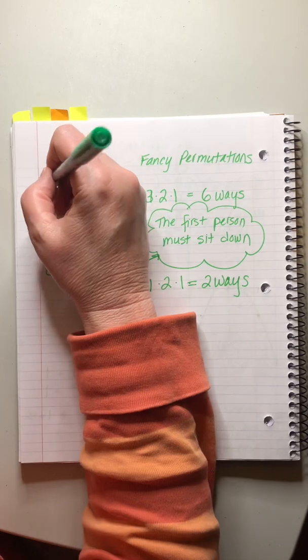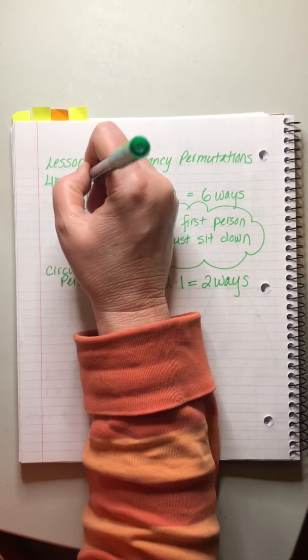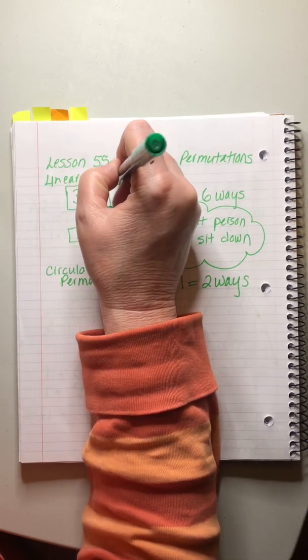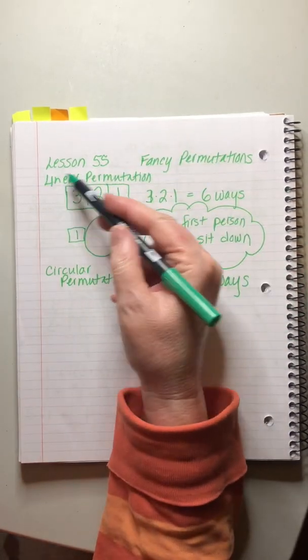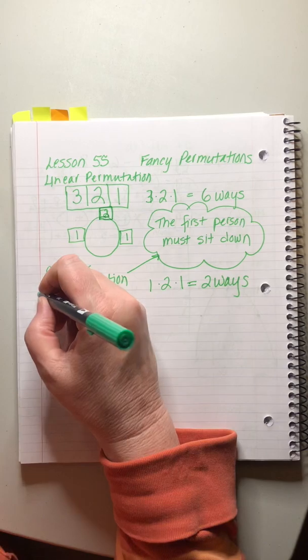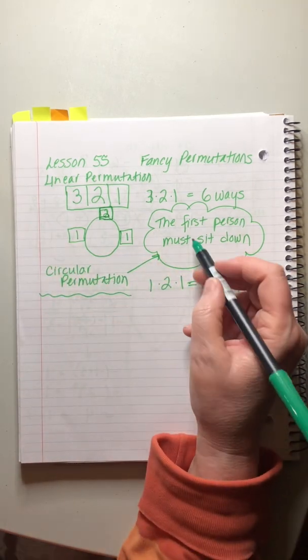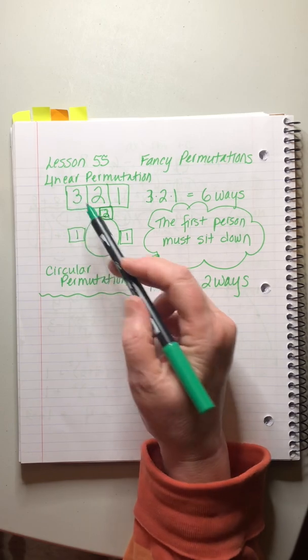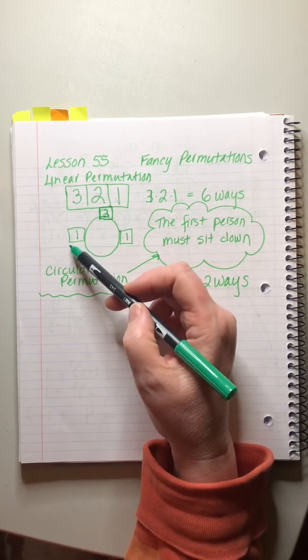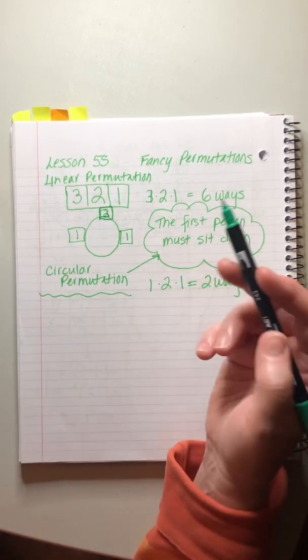This is what we call a linear permutation. And obviously the fancy name just comes from, are we arranging in a line or in a circle? So the thing about a circular permutation is the first box always gets a 1, not a 3. Because granted, anybody could sit there, but somebody just has to sit down. That's how I remember it.